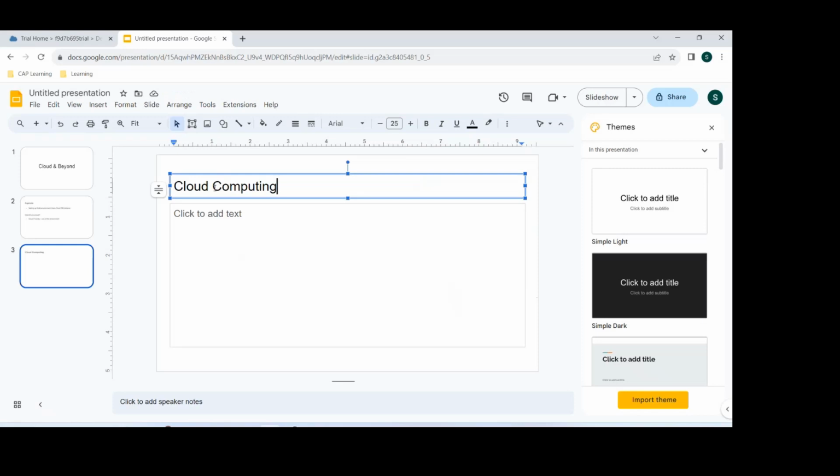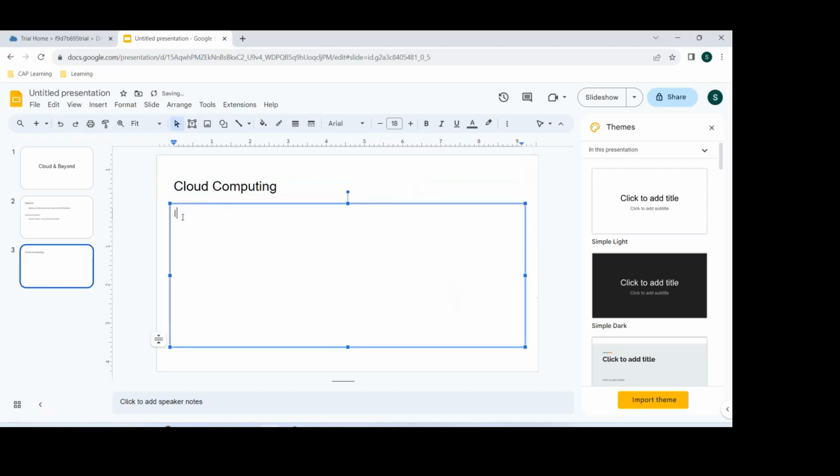Earlier, what we used to have was our own set of infrastructure, where we used to have some servers and some memory, be it in the form of a hard disk or some sort of RAM.